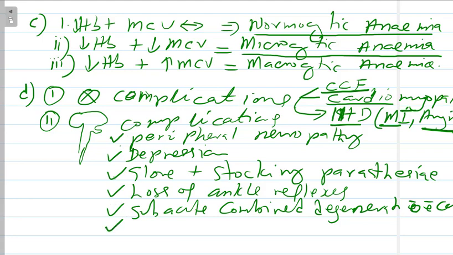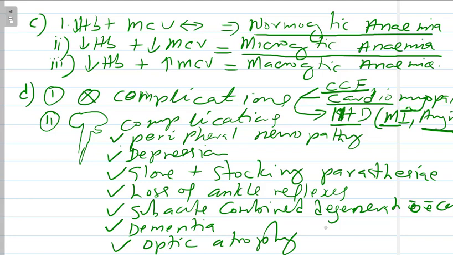You also have killers to attack the cerebrum, like dementia. You also have optic atrophy. Then you also have what we call autonomic neuropathy.